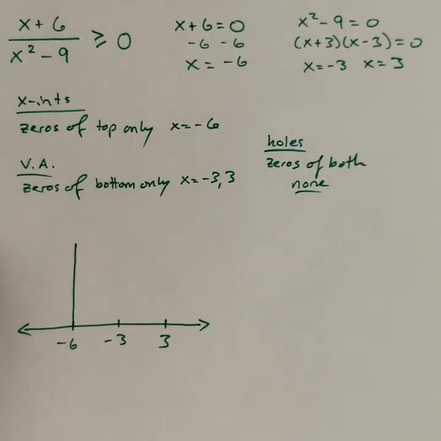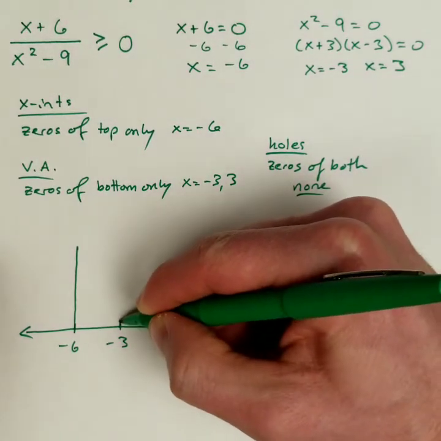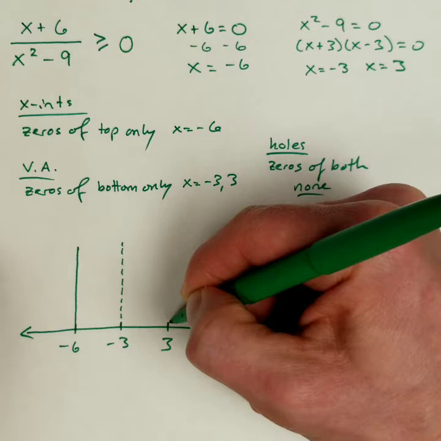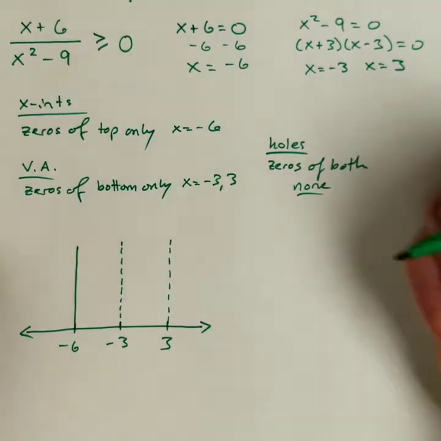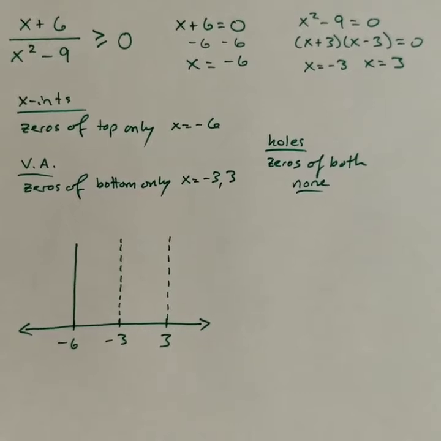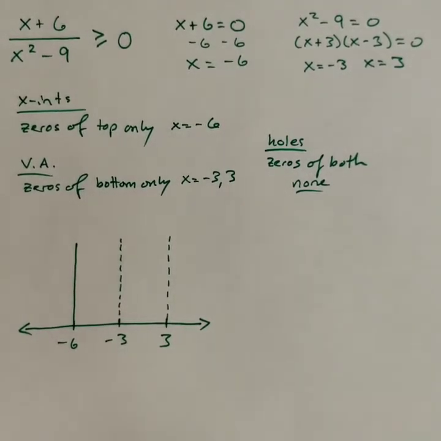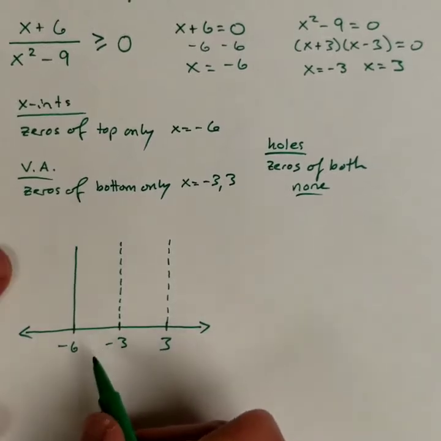The other two are vertical asymptotes, and I'm going to draw them in here like I would draw a vertical asymptote on a graph. I'll explain a little bit more why I did that. It is a way to remember whether to use parentheses or brackets at the end.